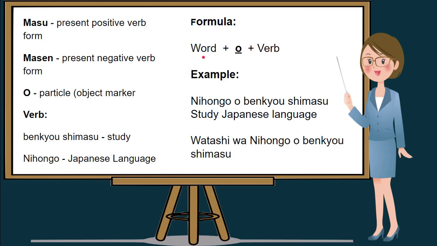For this formula, we will be using Nihongo plus o and the verb benkyoshimasu, which means to study. Please read after me. Nihongo o benkyoshimasu. Let's repeat. Nihongo o benkyoshimasu.